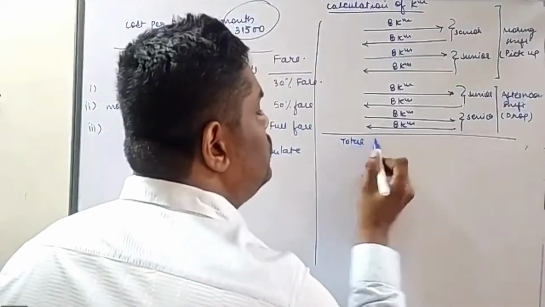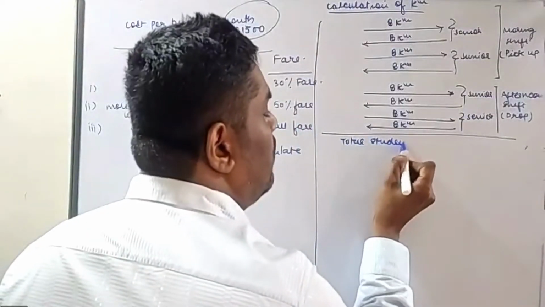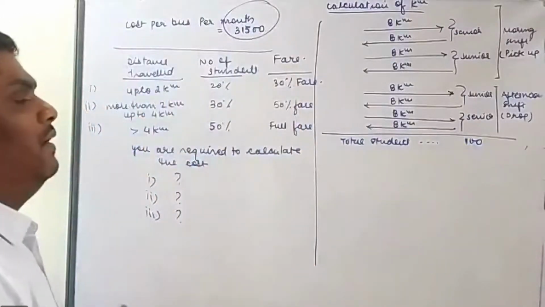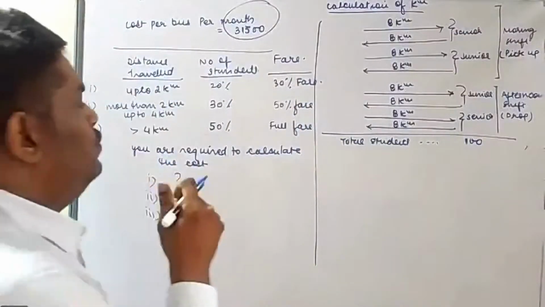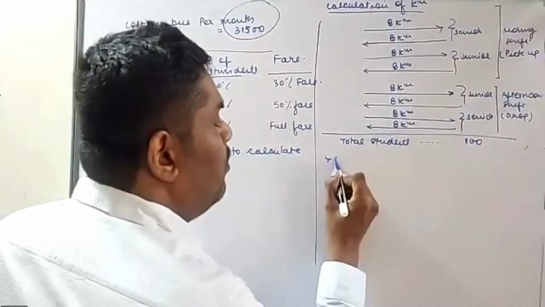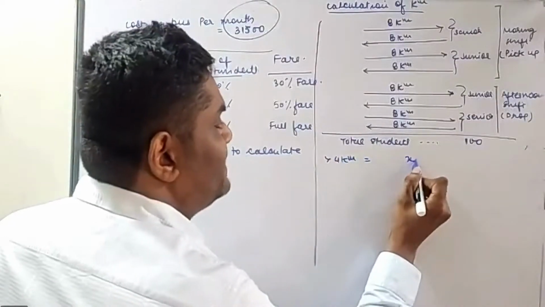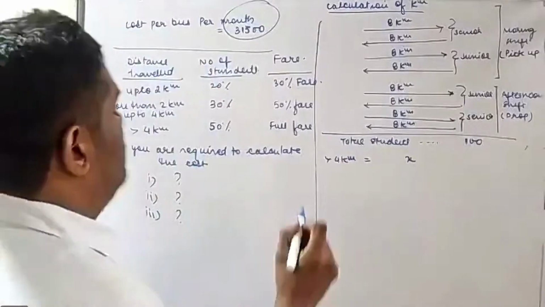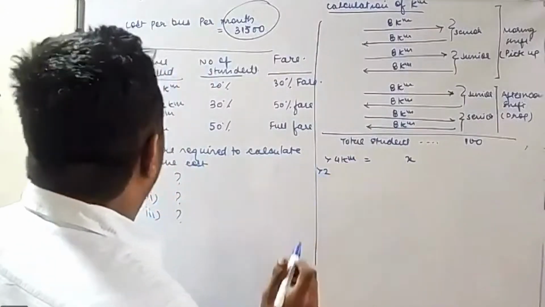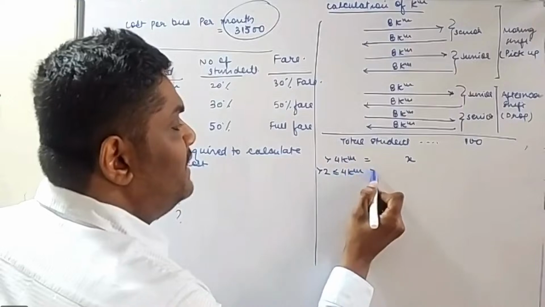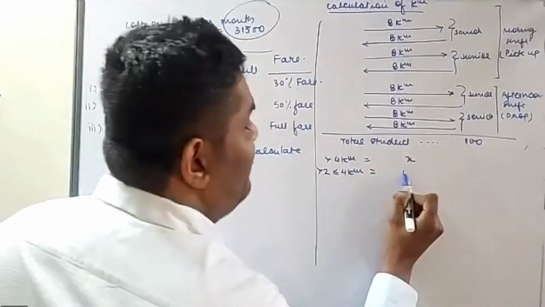The total students are 100. Now, for the students who are traveling more than 4 kilometers, the fare will be X. More than 2, up to 4 kilometers, it will be 0.5X.